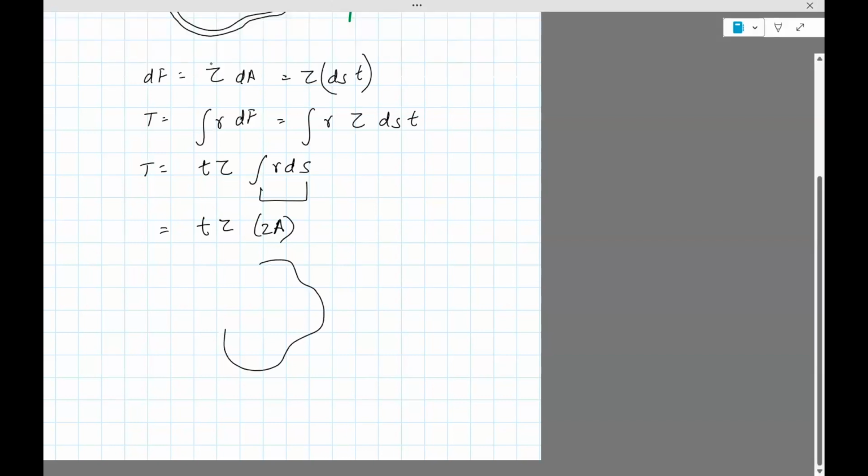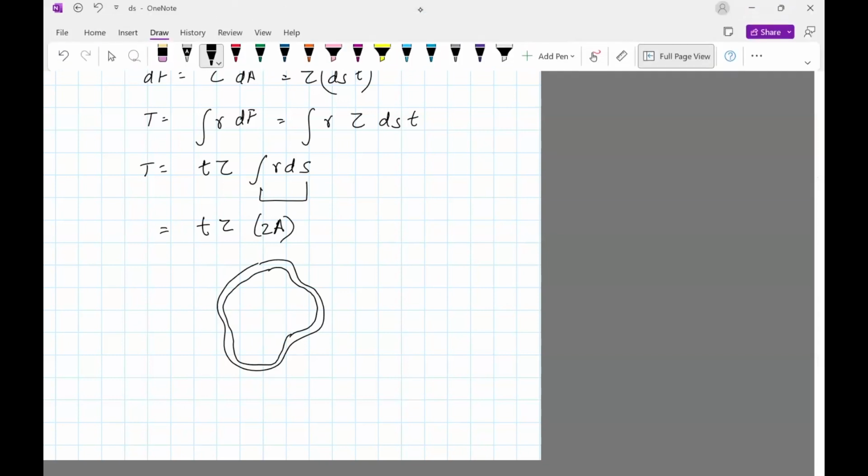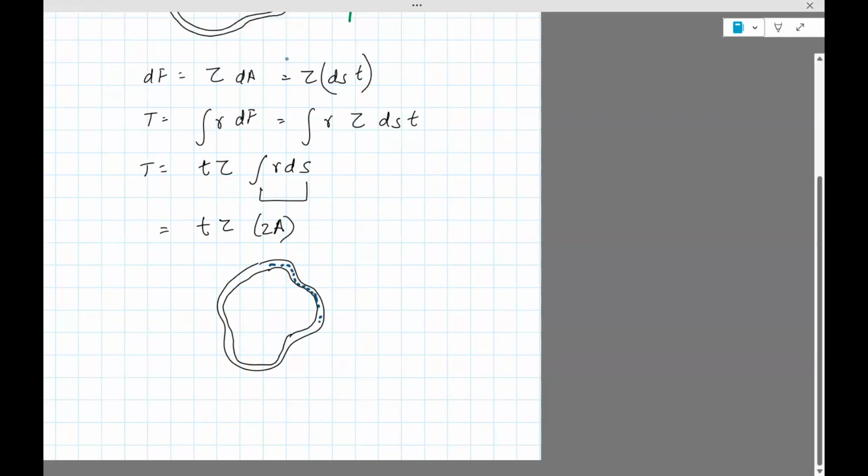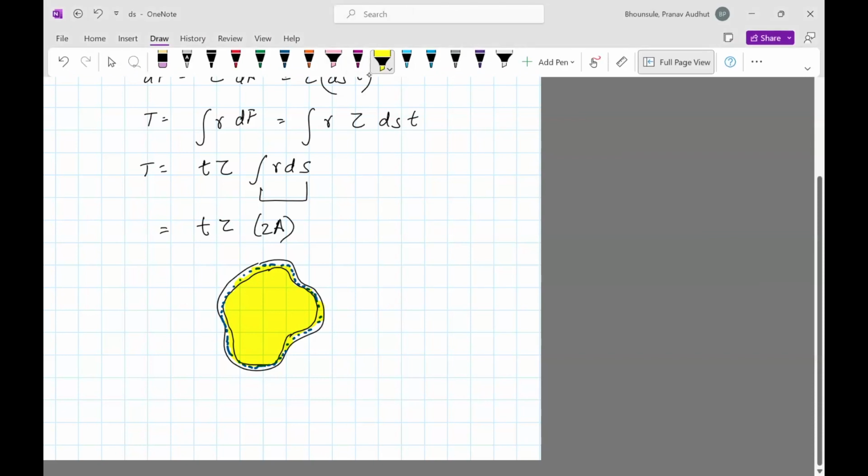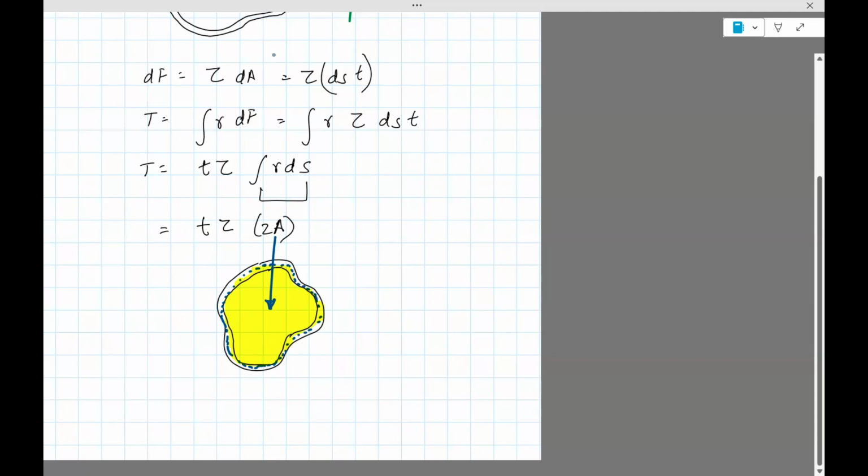If you have the shell, you take the midpoint, the midline, and the area within the dashed line, which is the midline, is A. This is the area enclosed by the median line, the dashed line.